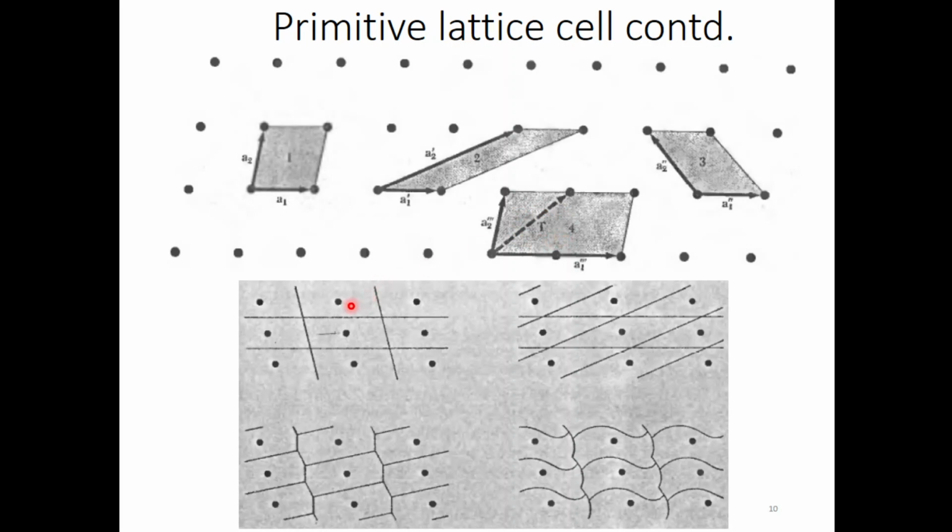So the unit cell might be defined with 1 point enclosed in the center. So this is a unit cell having only 1 point in the center, right? And this is a primitive unit cell. This is a unit cell, you know why?